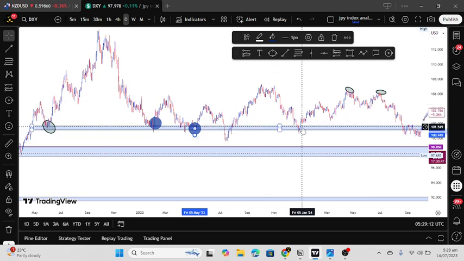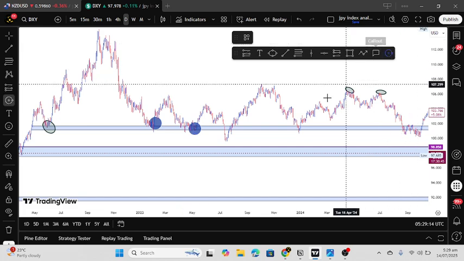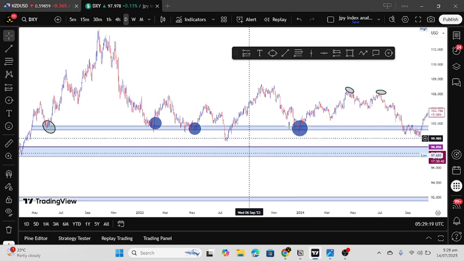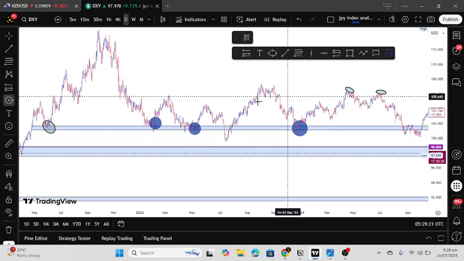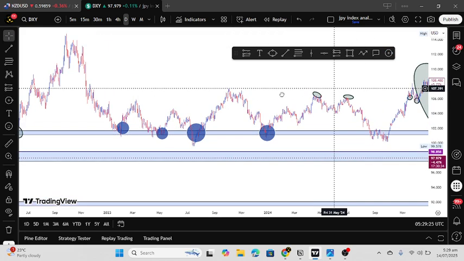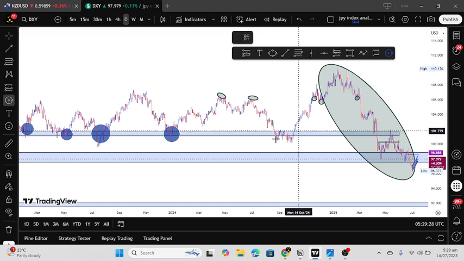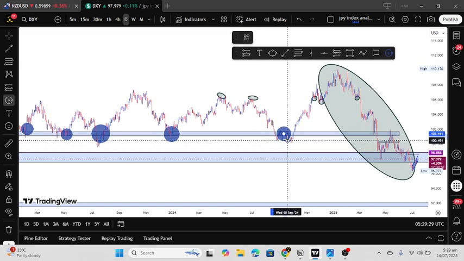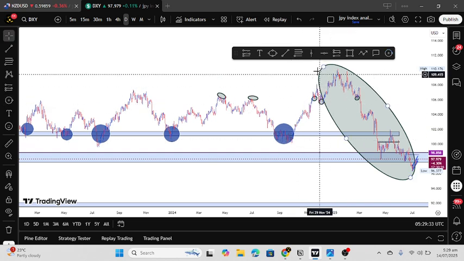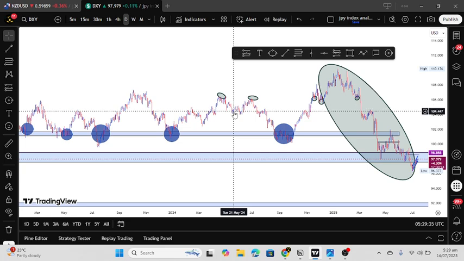A support is whenever the price of a particular asset comes to a particular zone, it gets a rejection to the upside. A resistance is whenever it comes to that particular price level, it gets rejection to the downside. So it's vice versa. That's how support and resistance work here.